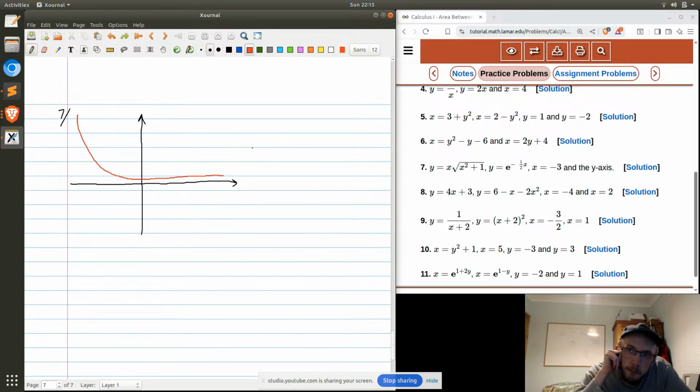So figure out where, just plug in 0. Oh, look at this. Plug in 0. Now, when you plug in 0, what do you get? You get y equals 1.